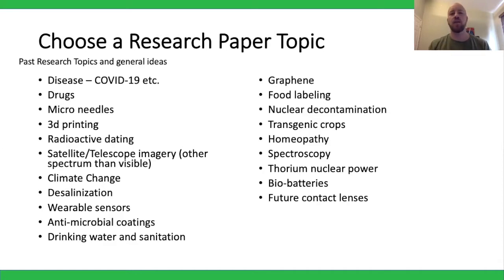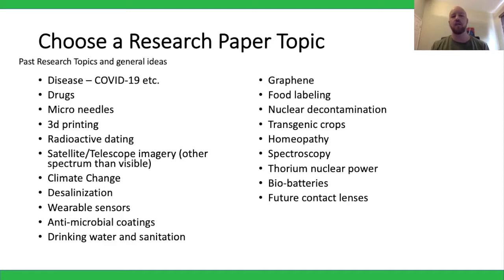Just looking around at other things, some cool science stuff that I usually will talk about in lecture at some point, things like microneedles, 3D printing. In my 112 class, we talk about kinetics, so radioactive dating and all kinds of geology and things that we can write research papers on.